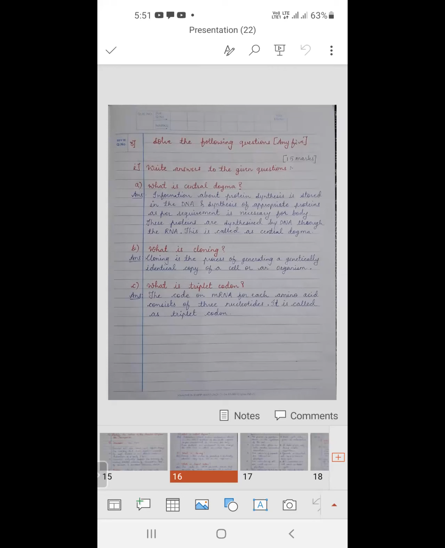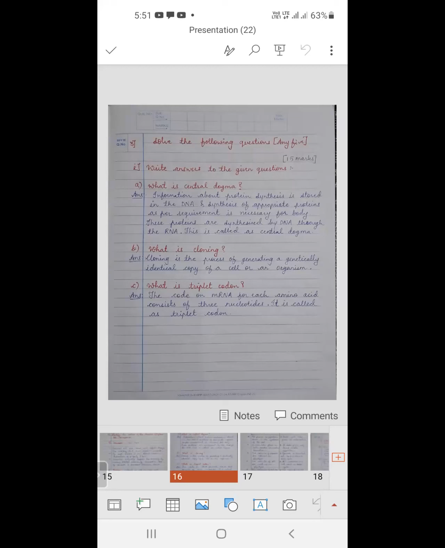So this answer is expected for this question. Second, that is B option. What is cloning? You have to write, cloning is the process of generating a genetically identical copy of a cell or an organism. So this is the answer for cloning.